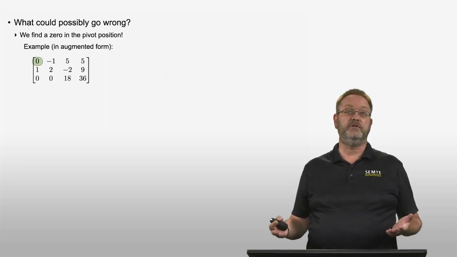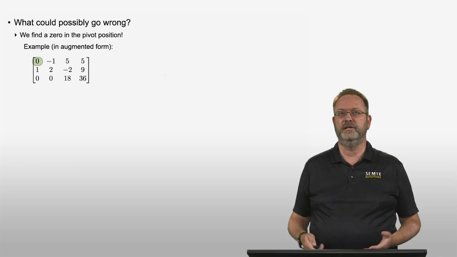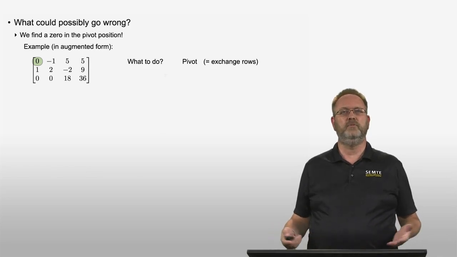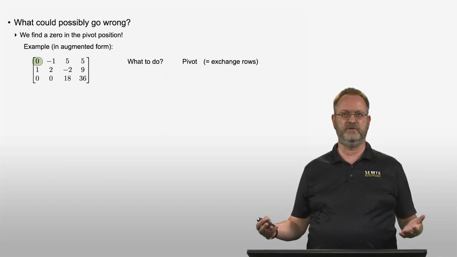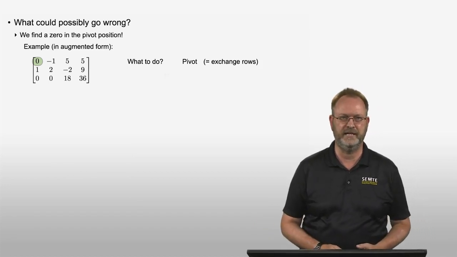Now, if we encounter a 0 in the pivot position in a linear algebra setting, what do we do? Well, we would just row exchange. We would pivot. Exchanging rows is what we call pivoting.